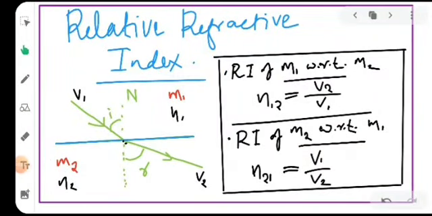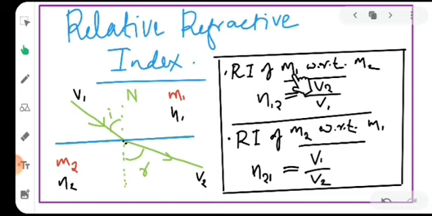Then we have the relative refractive index, where you define the refractive index of one material with respect to another transparent material. As you can see here, relative refractive index of, say, one material, we call it M1, and another material, say we call it M2, can be defined in this manner.